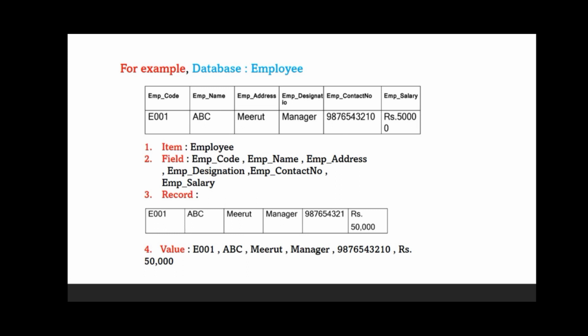Field means the heading of those columns, that means employee code, employee name, employee address, like this. Record means the data, that means the first row, E001, ABC, and so on, that data is called a record. Then value. Value means the same thing, that means the data. Clear?